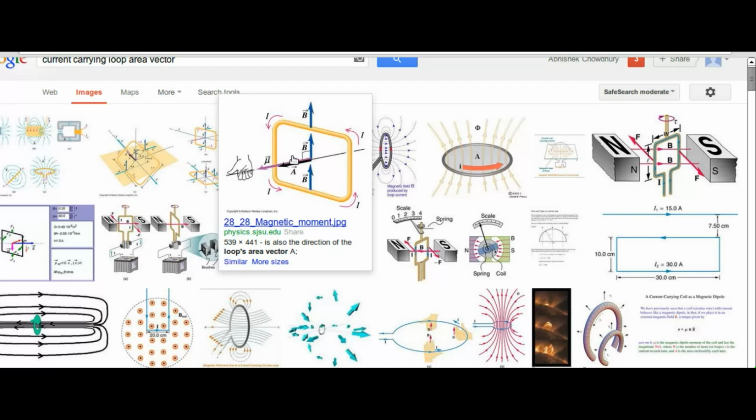This is the direction of the normal: the direction in which your thumb points if you curl your fingers along the direction of the current.